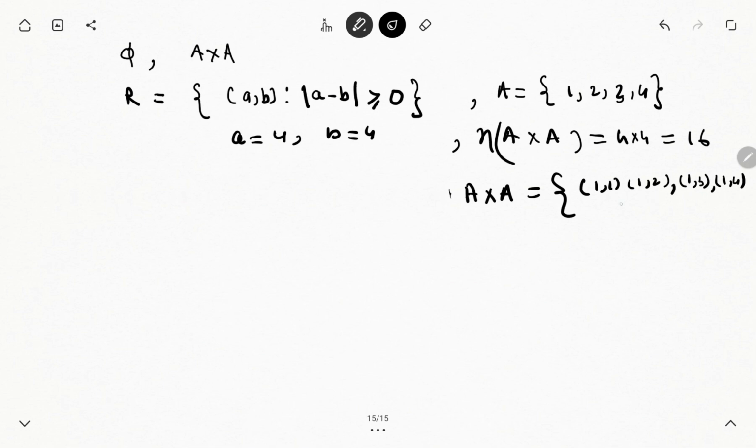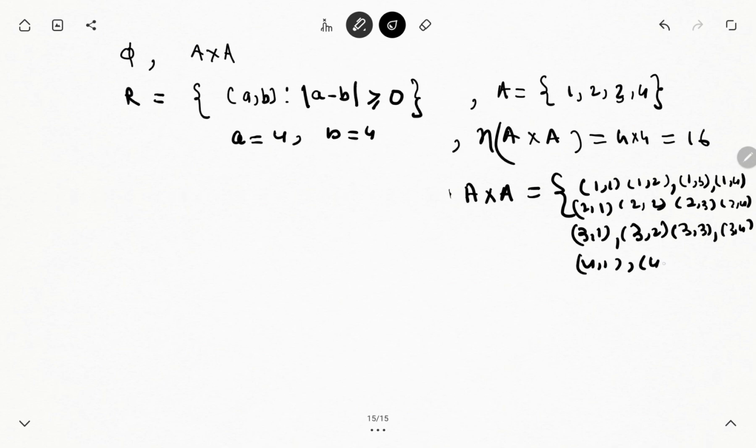Then next will be (2,1), (2,2), (2,3), (2,4). Next will be (3,1), (3,2), (3,3), (3,4), (4,1), right? (4,2), (4,3), (4,4), right?